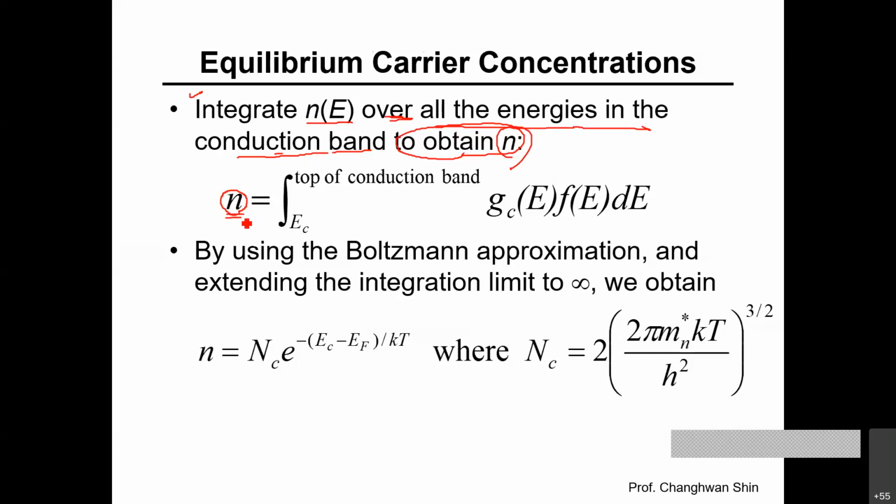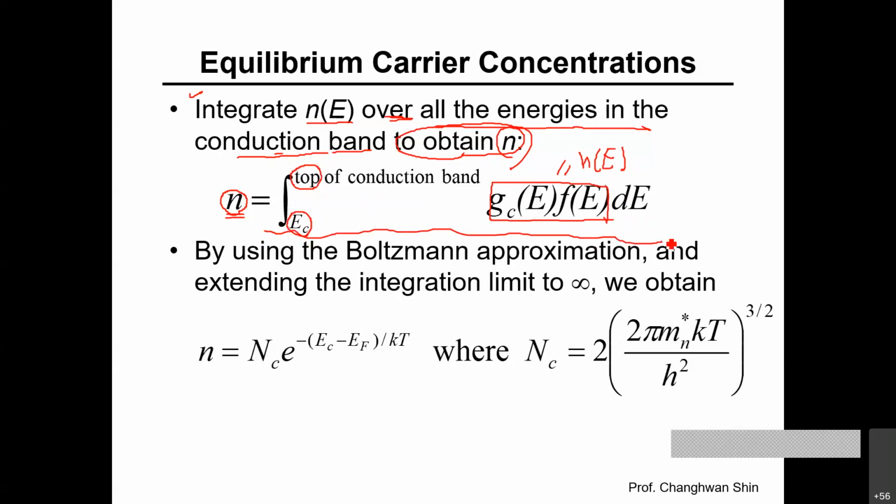So the total number of electrons can be obtained by integrating N of E over all the energy levels from the bottom of the conduction band to the top of the conduction band.